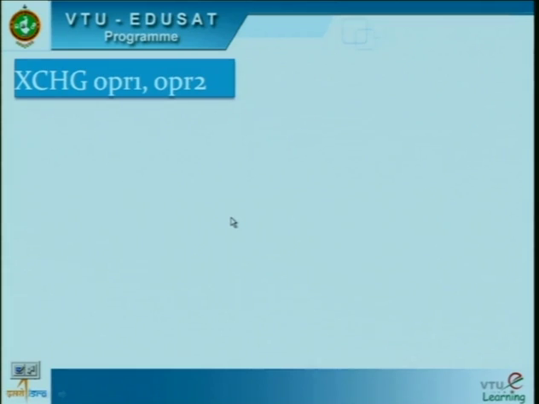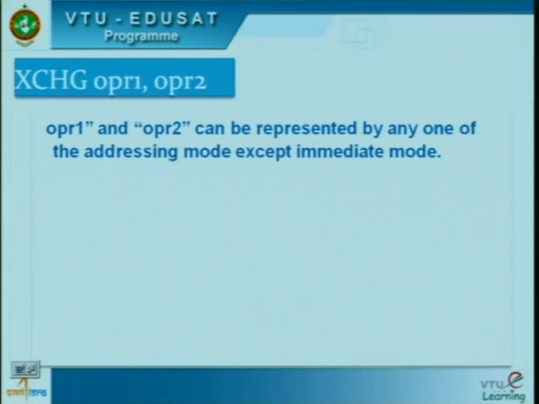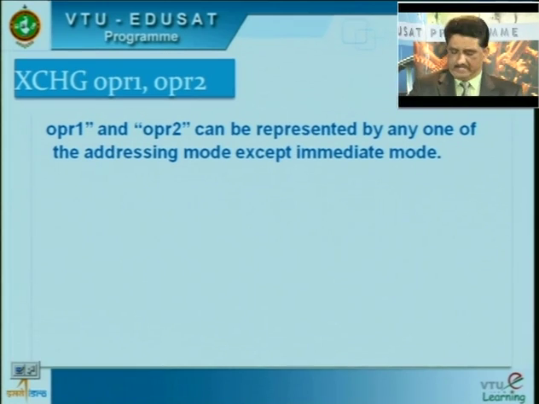Another simple instruction, XCHG, exchanges operand 1 with operand 2. How does this instruction work? Operand 1 and operand 2 can be represented by any addressing mode except the immediate addressing mode. Exchange doesn't allow an immediate operand, because an immediate operand is nothing but a constant, a literal, so I will not be able to exchange it with either a register or memory.